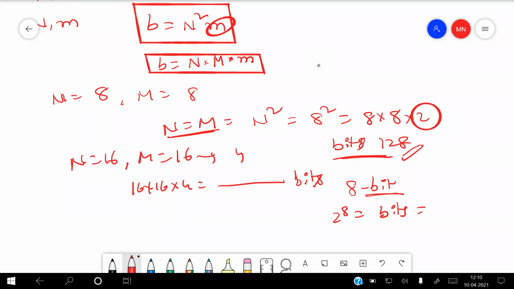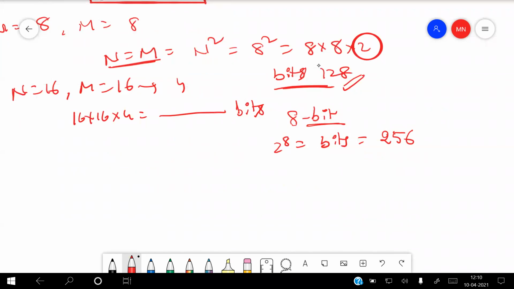How many is 2 power 8? 256. 256 means 0 to 255. But all these values are equated to 1 only, 0 to 1 only. How is it getting this?